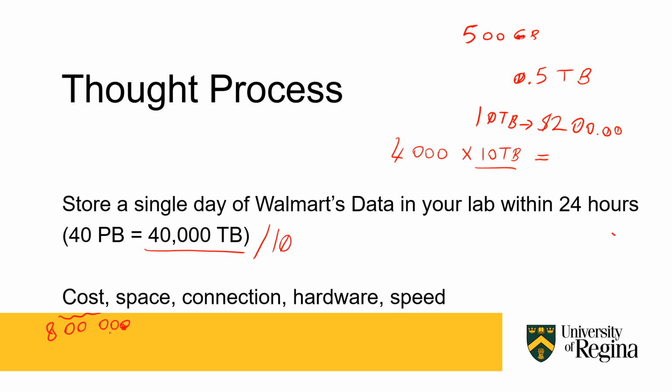If I'm not wrong, that's going to be $800,000. So first, if you want to get access to that information, you've got to get a mortgage, I guess, and get $800,000 to get those 4,000 hard drives.